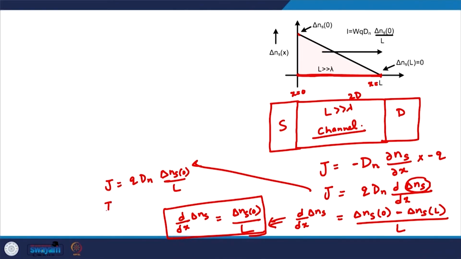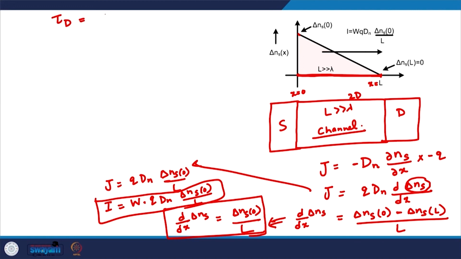So the current in steady state becomes width times the current density, which is essentially q D W delta ns 0 by L. This is what we obtain as the steady state current. And please also recall that in order to find tau d, we need the steady state electron population divided by the current.